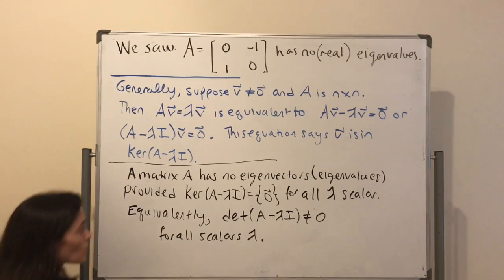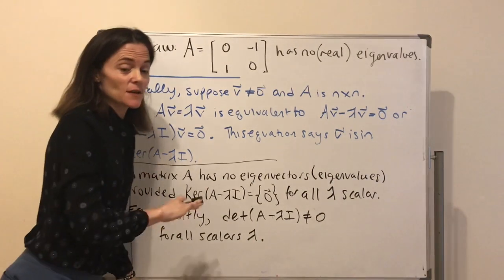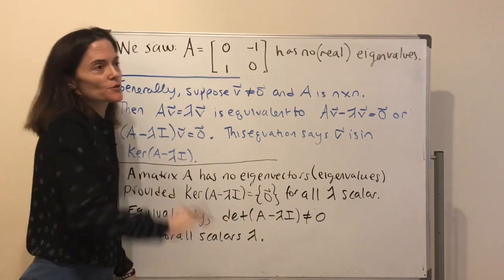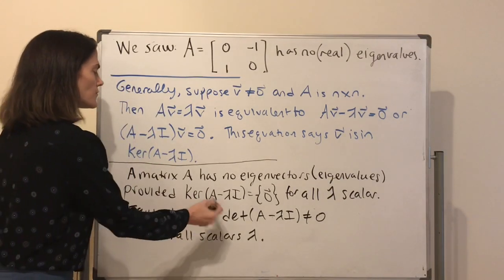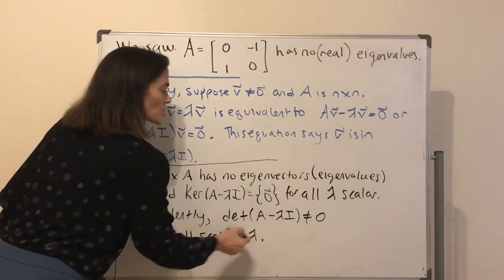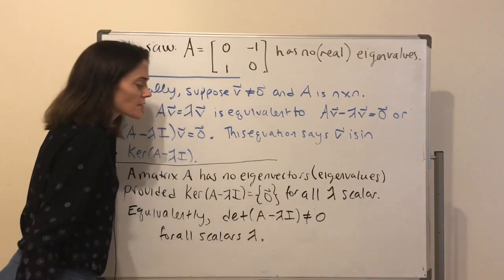So a way to say that a matrix has no eigenvectors or no eigenvalues is if this determinant is never 0.